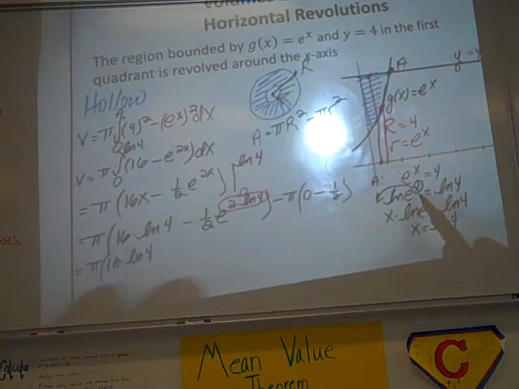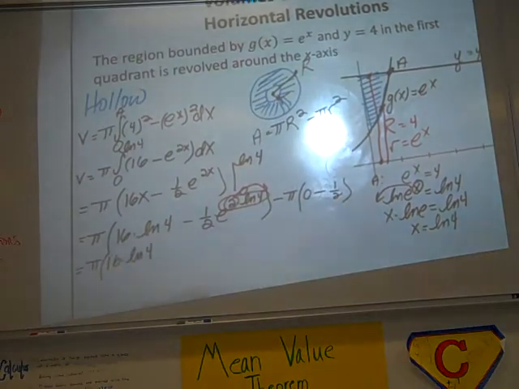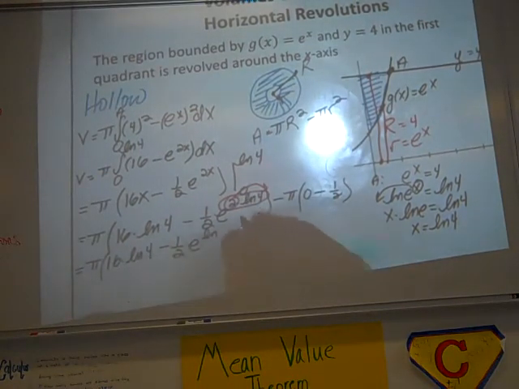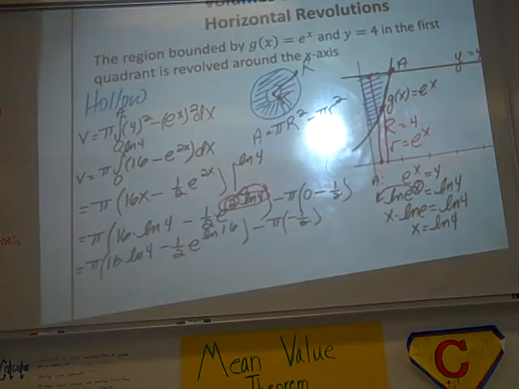We saw that used over here when we were solving the exponential equation. So I can actually use that property to my advantage and raise the 2. So I can rewrite 1/2 e to the natural log of 4 squared, which is 16, minus pi. 0 minus 1/2 is negative 1/2.